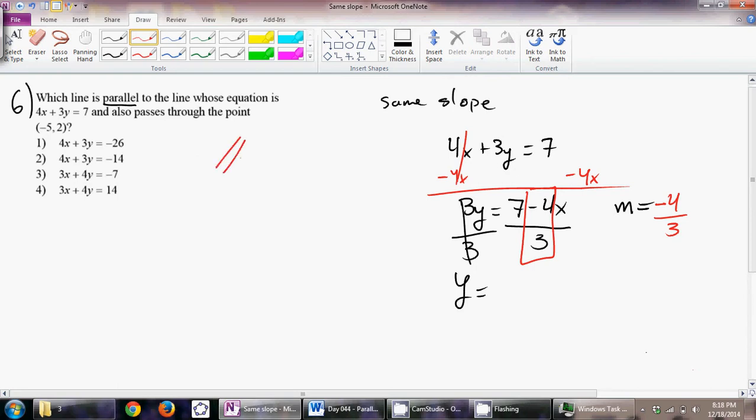So the slope that I'm looking for, parallel, that's what this means. The parallel slope will be the same. It will be minus 4 over 3. None of these multiple choice answers are in y equals form. None of them are.